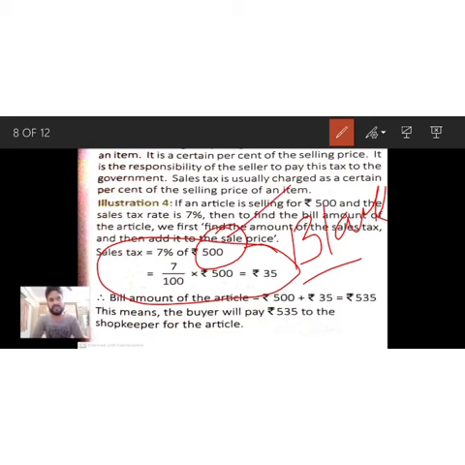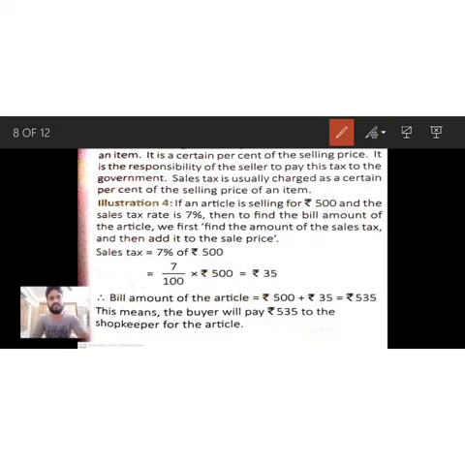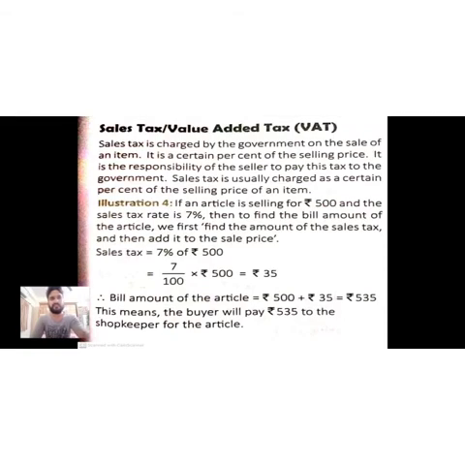This is black money. That's why the government tells customers and people that they have to take a bill from the shopkeeper and they have to pay the sales tax. So this is a simple thing that we have to follow.